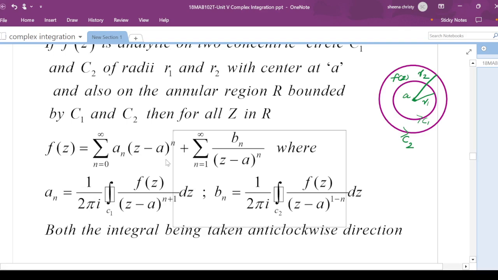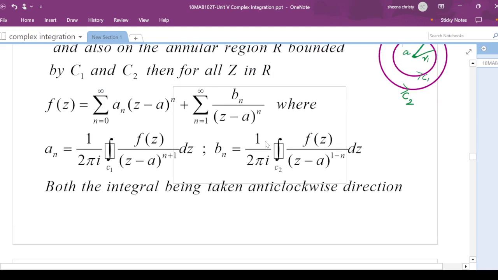So Laurent series includes positive powers as well as negative powers. If you get only negative powers of z minus a in the answer, it still comes under Laurent series expansion, where there are no positive powers of z minus a. If you have only positive powers of z minus a, the Laurent series can be called a Taylor series. That is, the Taylor series is a special case of the Laurent series.